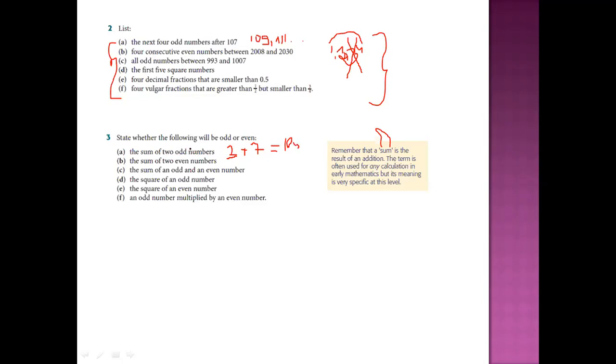So odd plus odd is even. The sum of 2 even numbers, for example 4 plus 12, both even numbers. The result is 16, which is exactly an even number. That's why the answer is: even plus even is exactly even.